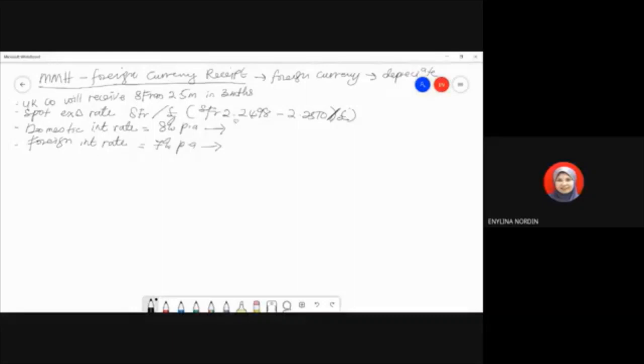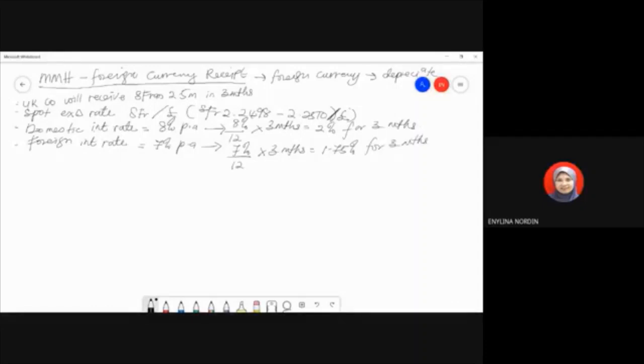That means 8% divided by 12 and multiplied by 3 months, and you get 2% interest rate for 3 months. If you want to find it per month, don't forget to multiply by 3. For foreign, divide by 12 again, multiply by 3 months again, and you will get 1.75% for 3 months as well.